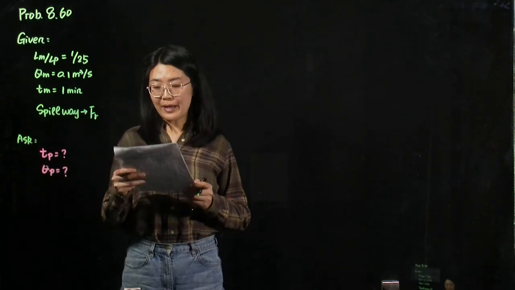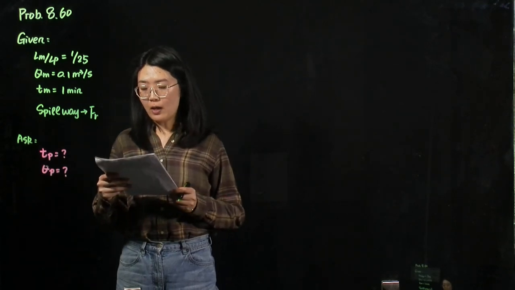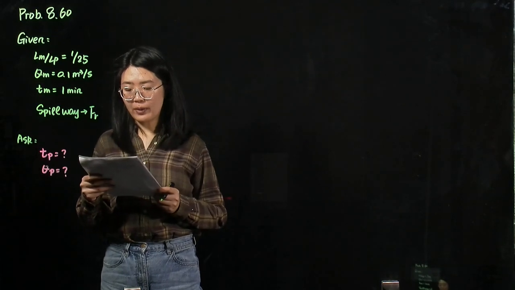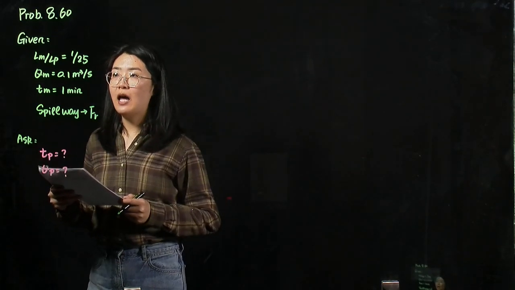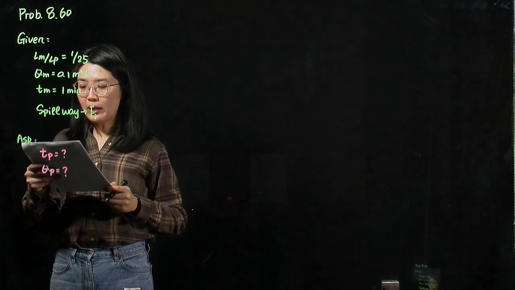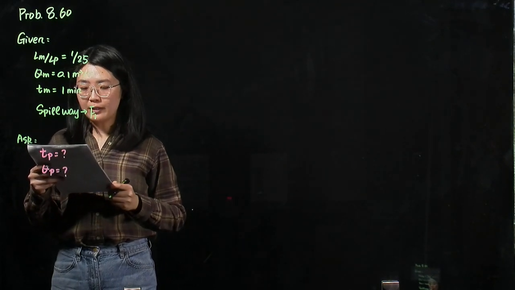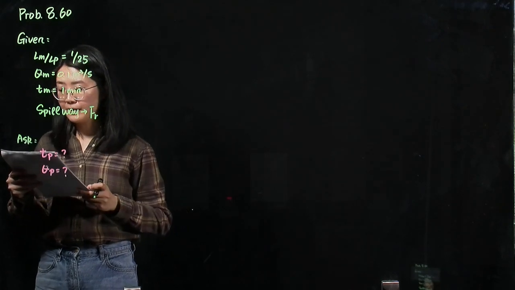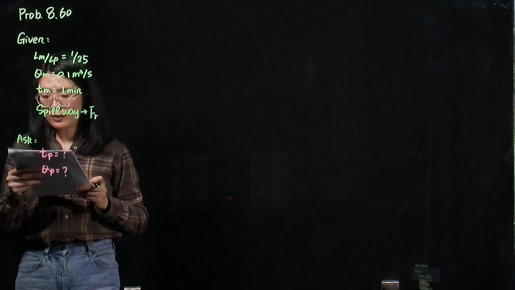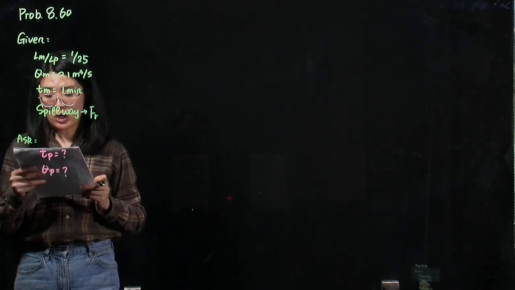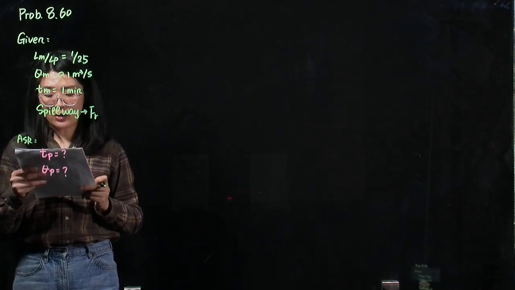Now let's take a look at the third problem. In this problem, a 1/25th scale model of a spillway is tested, which means that Lm divided by Lp is 1/25. And we know the discharge in the model is 0.1 cubic meter per second. So the first question asks us, to what prototype discharge does this correspond?